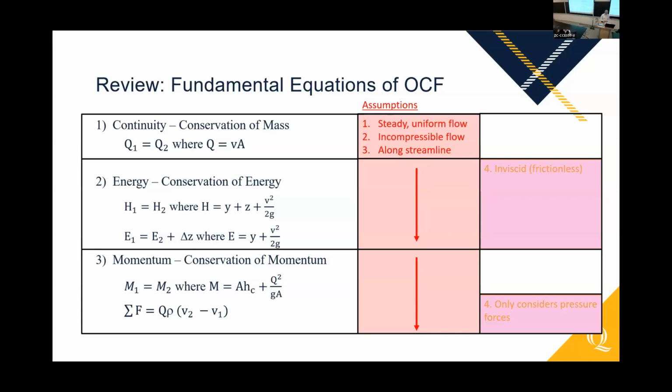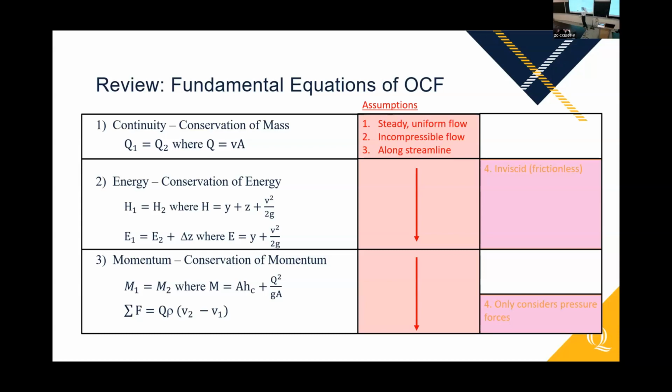And of course, our basic relationship for conservation of momentum, sum of all forces is equal to Q times rho times V2 minus V1. So we're going to start off with a nice derivation to see where this comes from.